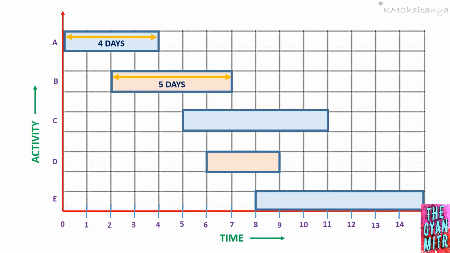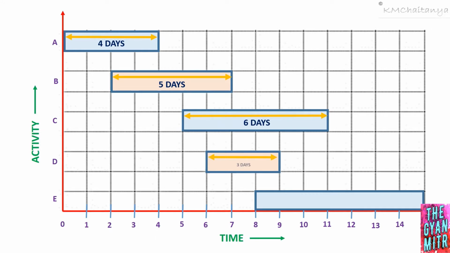Next, for activity C, the start time of activity C is time t equal to 5 and the finish time for activity C is time t equal to 11. Therefore, the duration of activity C is 6 days. For activity D, the start time is at time t equal to 6 and the end time is time t equal to 9.